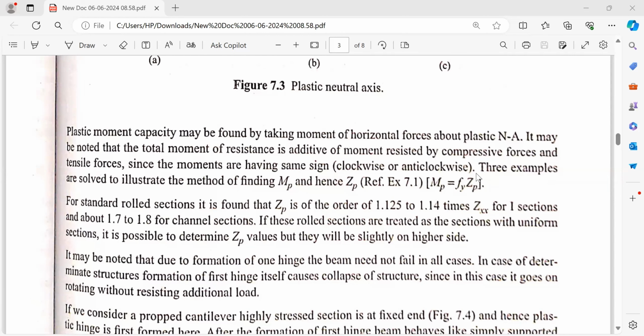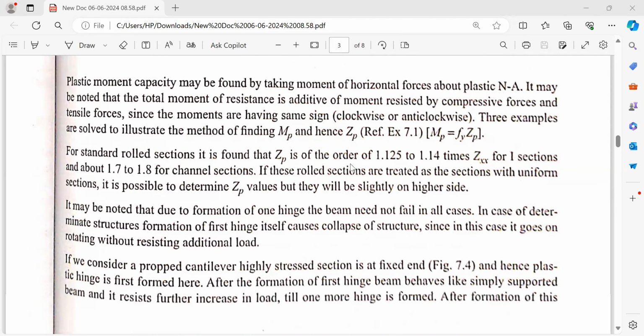You will get particular values for the shape of the section, given in the IS code. ZP is of the order of 1.125 to 1.14 times Z for I sections, and 1.7 to 1.8 for channel sections. Rolled steel sections are treated as sections with uniform sections, so it is possible to determine ZP values. For rolled steel sections, you have ready-made values for ZP.